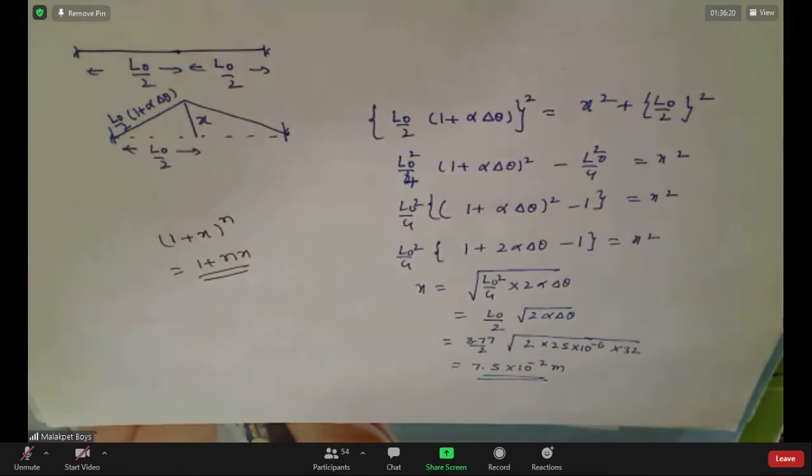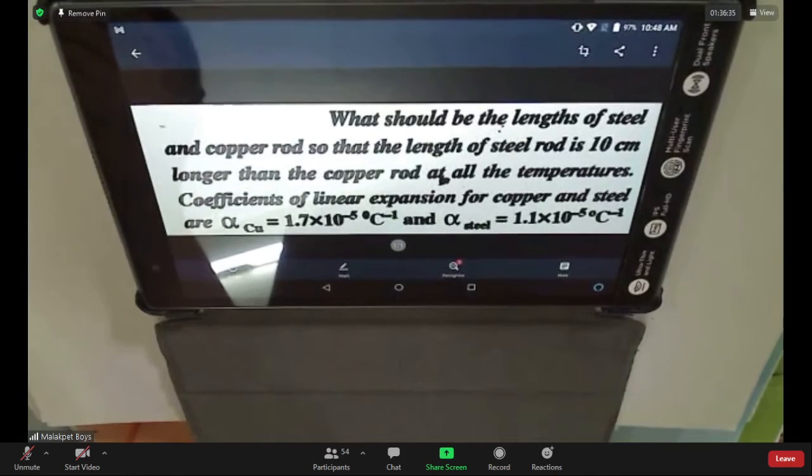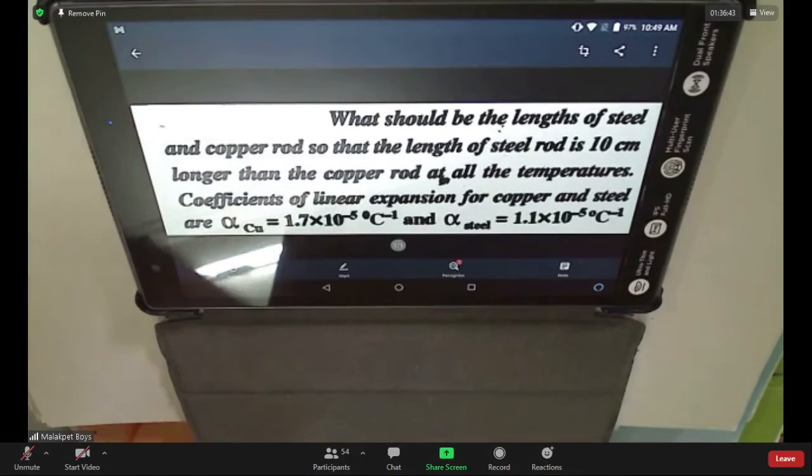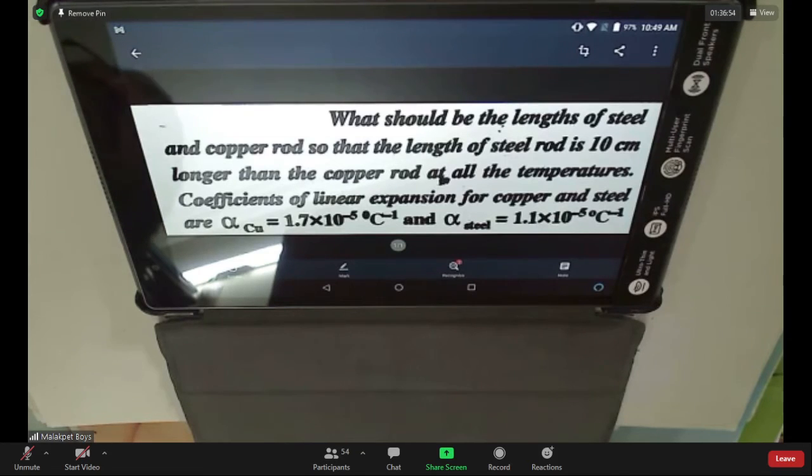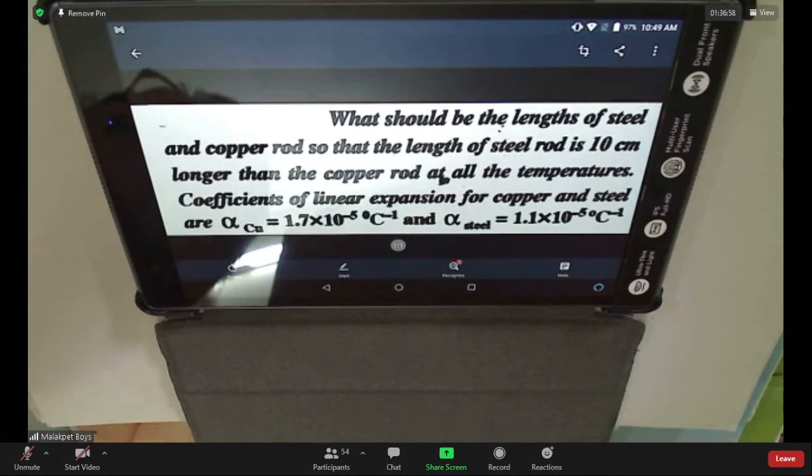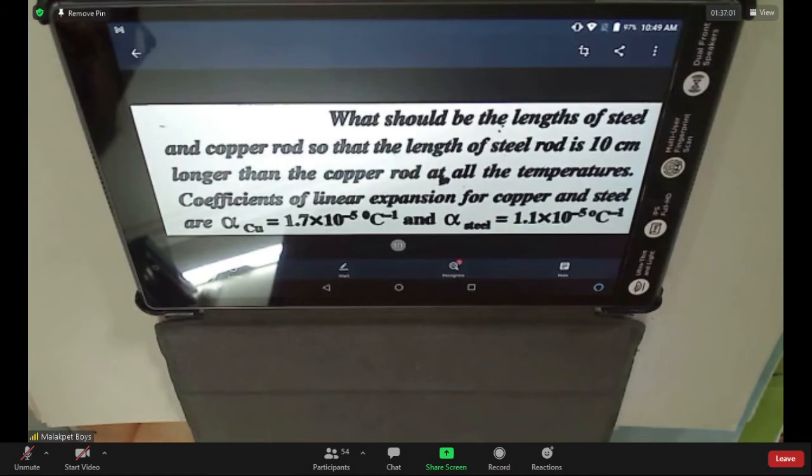Complete this. See, calculations you can do later. Completed, sir. Note the answer. Sir, in the previous question, we have to find the length of the system also, at 100 degrees Celsius. That iron rod and copper rod question, sir. You can find it: L1 plus L2 into alpha effective into delta theta. Finish this. Just note down the method, that's all.